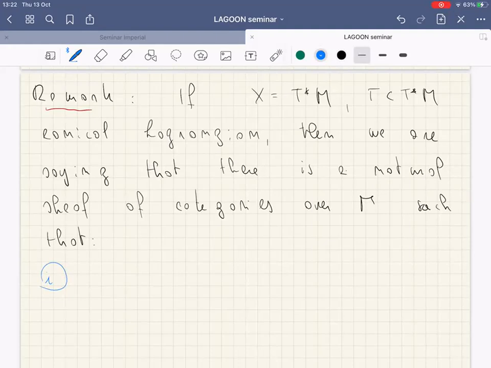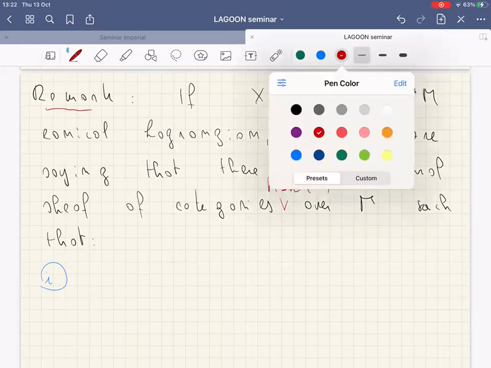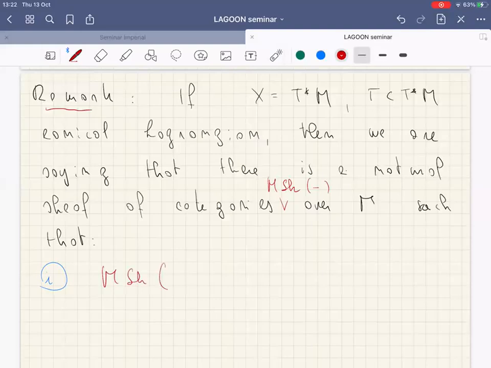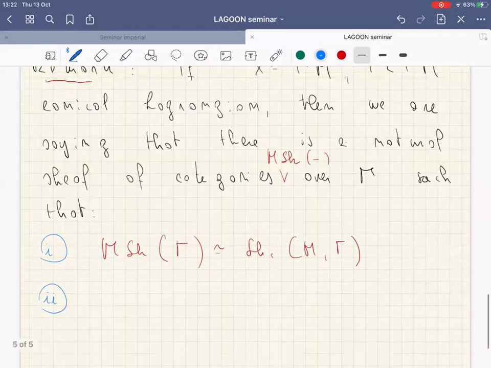Let's call the sheaf of categories microlocal sheaves. Such that the global sections of the sheaf of categories over gamma compute the category of constructible sheaves on M with singular support in gamma. Right. Yeah, sorry. That's what we're saying.